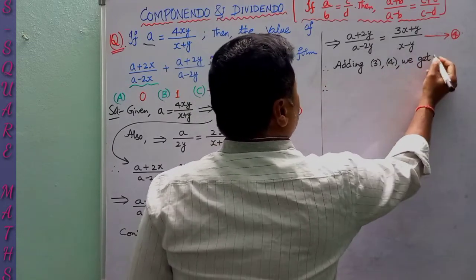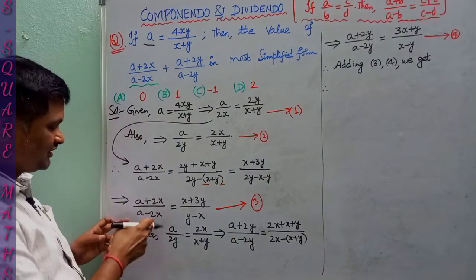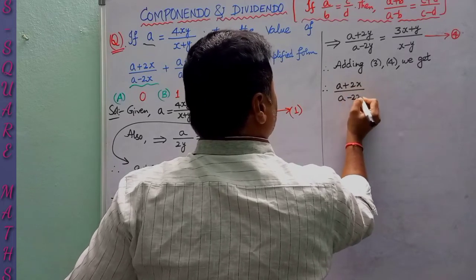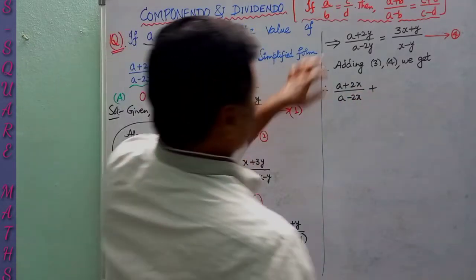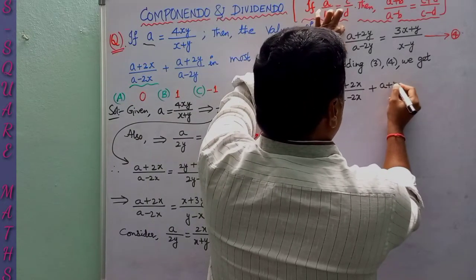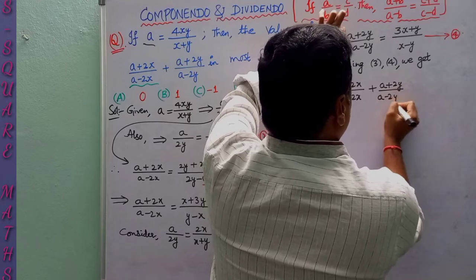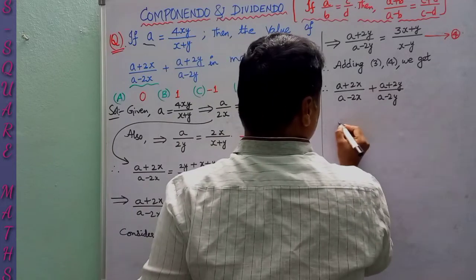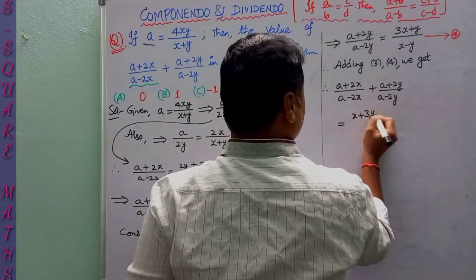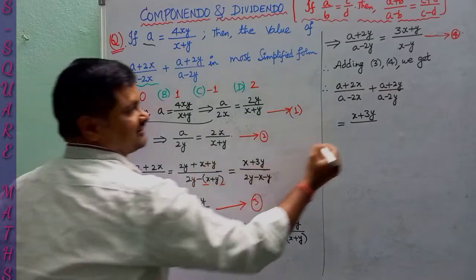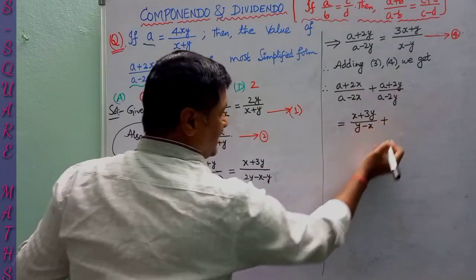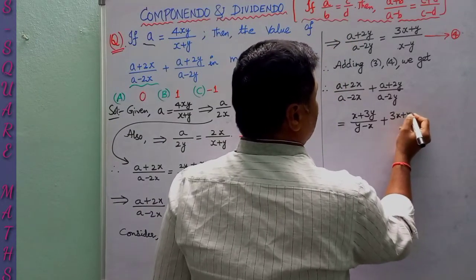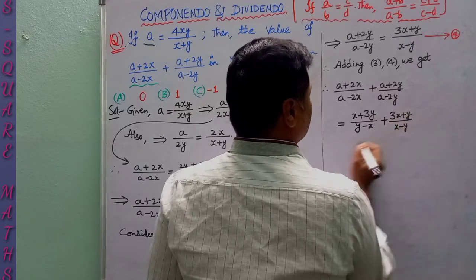the LHS of the third equation, a plus 2x by a minus 2x, plus the LHS of the fourth equation, a plus 2y by a minus 2y. Now I got x plus 3y by y minus x plus 3x plus y by x minus y.